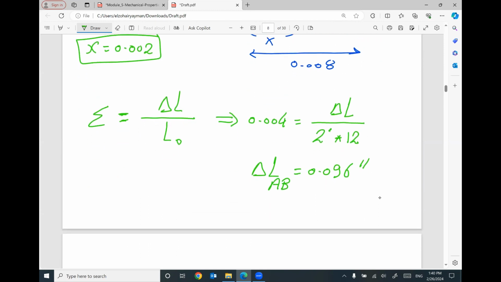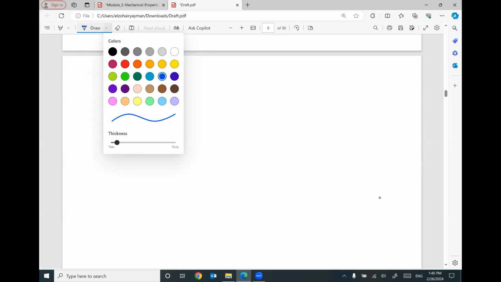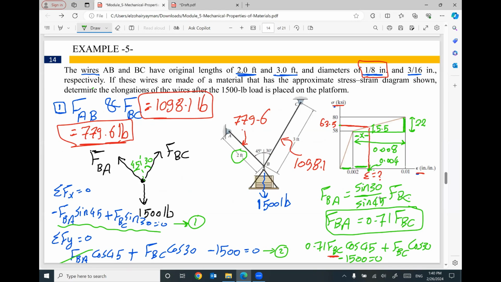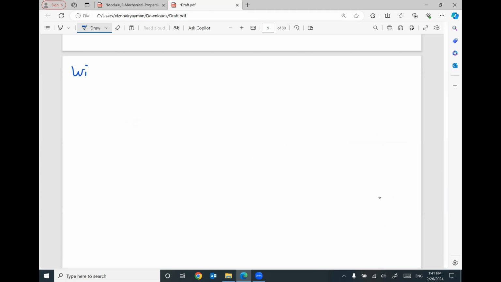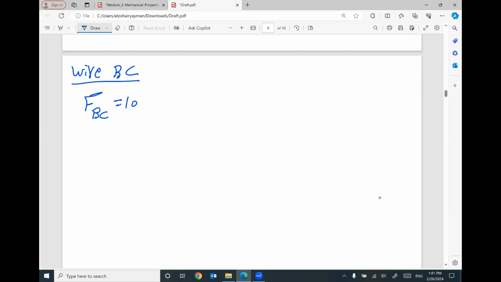Let me repeat it one more time, but for member BC. We have another member BC or wire BC. The force in wire BC equals, what was the force in wire BC? 1,098.1 pound.